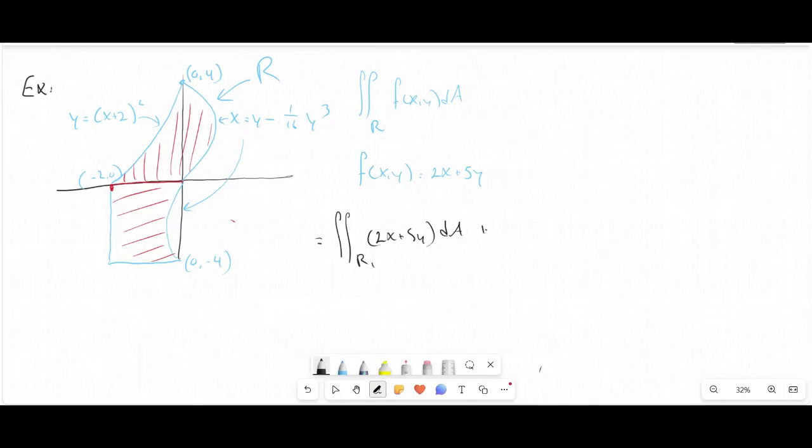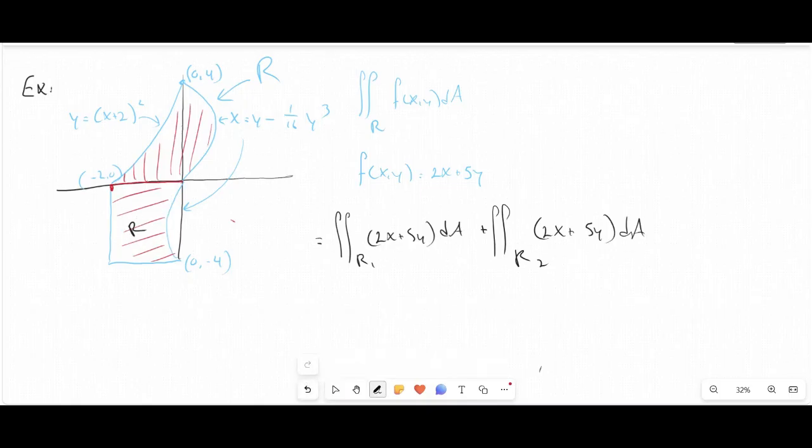I can rewrite this as the sum of two integrals. One over this region down here and one over the one up here. So the one down here, we'll call this R1. The one here, we'll call this R2. And now I have two integrals that are each type 2 regions.